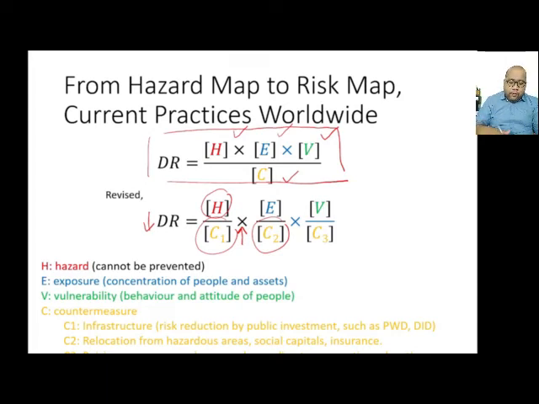loss. And then for the vulnerability, which is the behavior and attitude of people, if we raise some awareness and preparedness for the local people, okay, we can reduce the disaster risk. So this is how we tackle and try to reduce the disaster risk.